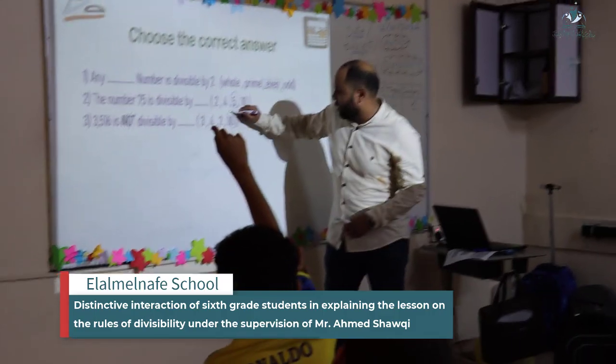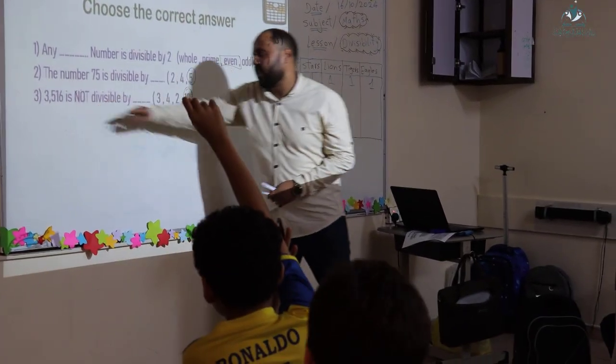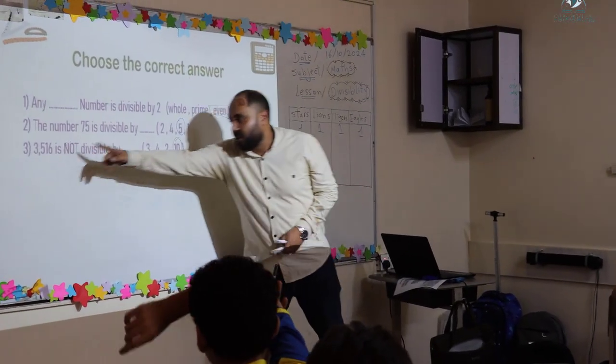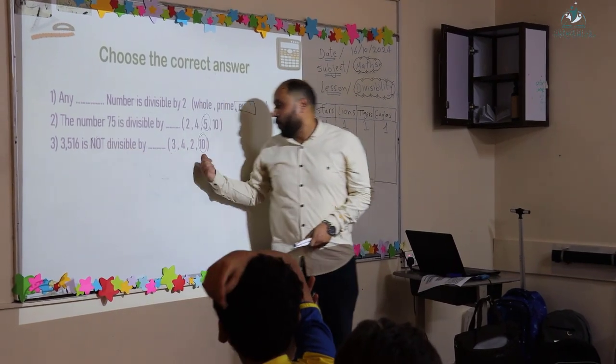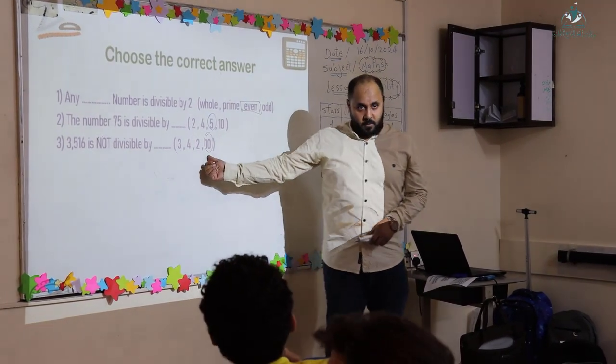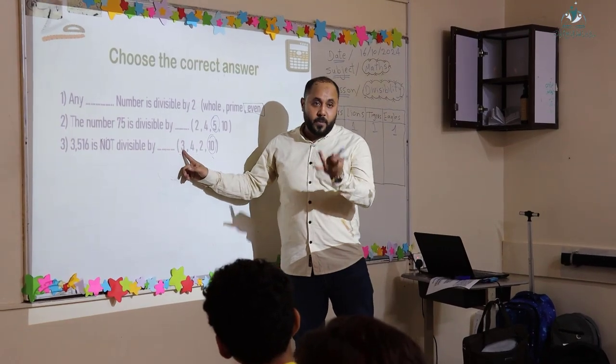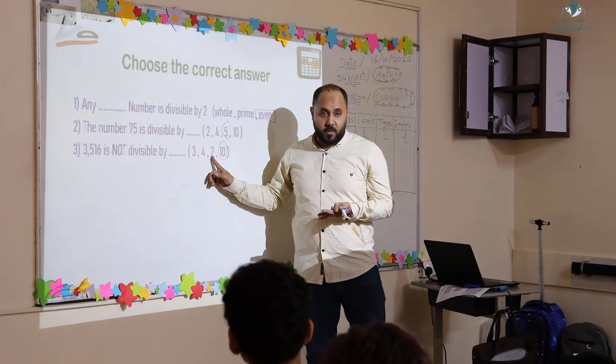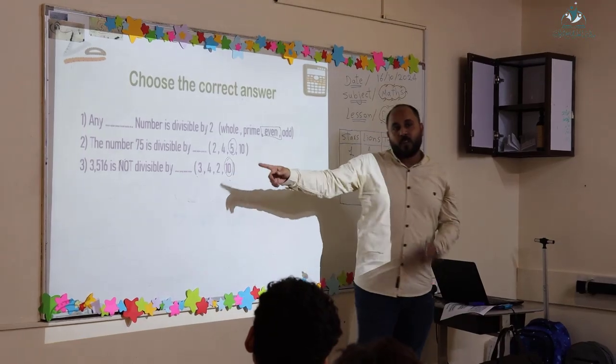The answer is 10. Yes, here the ones digit is not 0, so it's not divisible by 10. This number is divisible by 3, by 4, and by 2. It's not divisible by the number 10.